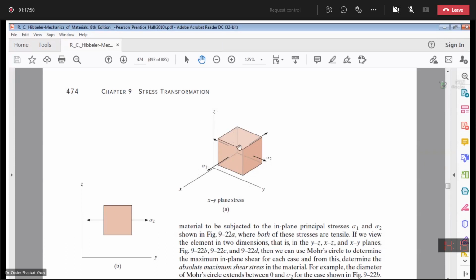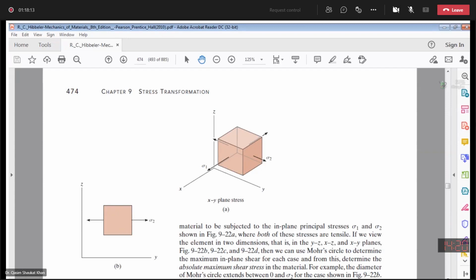If I split this three-dimensional figure into two dimensions, let's first start with the YZ plane. In the YZ plane, you have only a principal stress along the y-axis, but not along the z-axis.